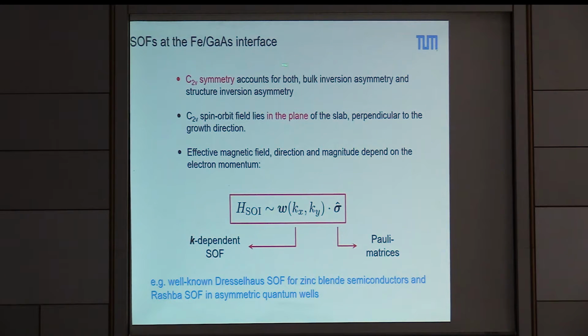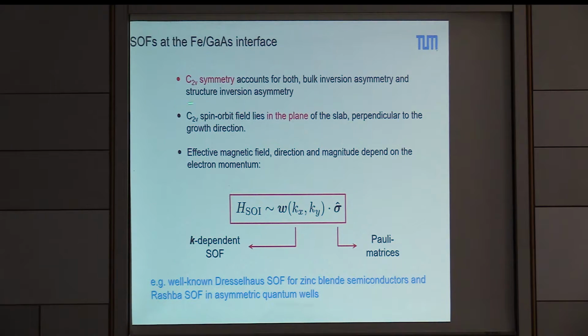And if you look at this, you see that the C2V symmetry from the gallium arsenide interface imprints both a bulk inversion type asymmetry and a structure inversion type asymmetry onto the iron system. So I will talk about Dresselhaus and Rashba, so the bulk inversion asymmetry and structure inversion asymmetry, but it's not really what we understand in semiconductors for bulk asymmetry and structure inversion asymmetry. It all comes from the interface.